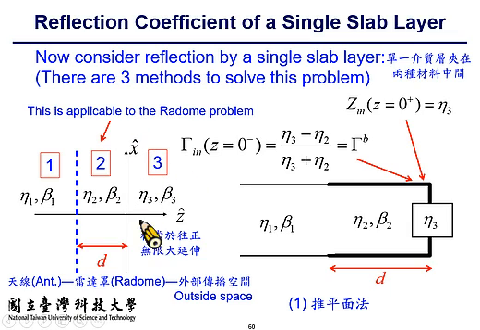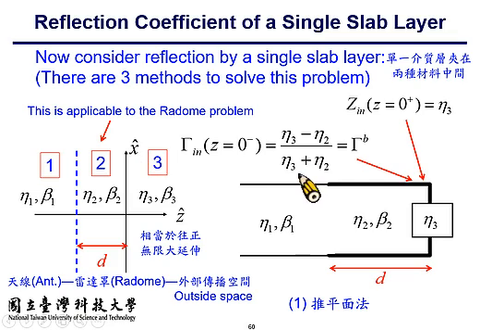The very last material is semi-infinite, extending infinitely to the right. Number 3 material is semi-infinite toward the positive z direction, and number 1 material is also semi-infinite toward the minus z direction, while number 2 material has a specified thickness of d.